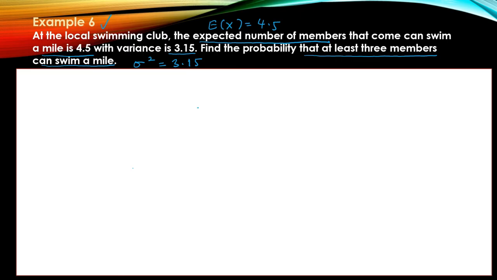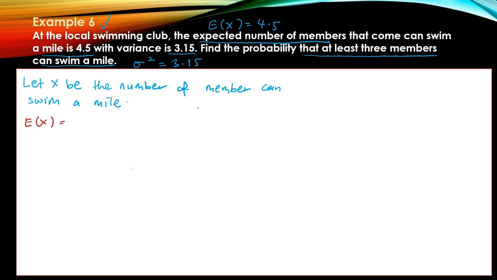Let's define our X first. So let X be the number of members that can swim a mile. So this is our definition of X. And then let's rewrite the information that we have, which is E(X), also known as np, is equal to 4.5.